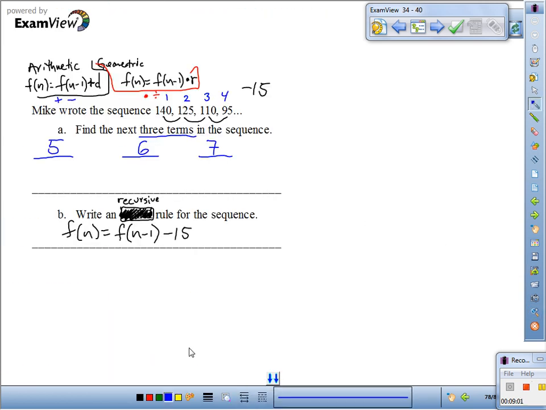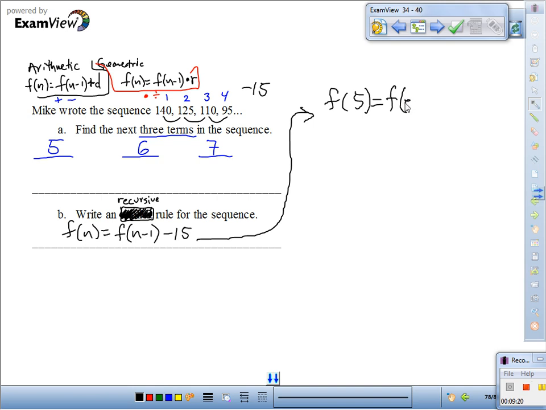I'm going to use my function, but instead of f of n, what number goes in there first? 5. So I write f of 5 equals f of 5 minus 1, minus 15.